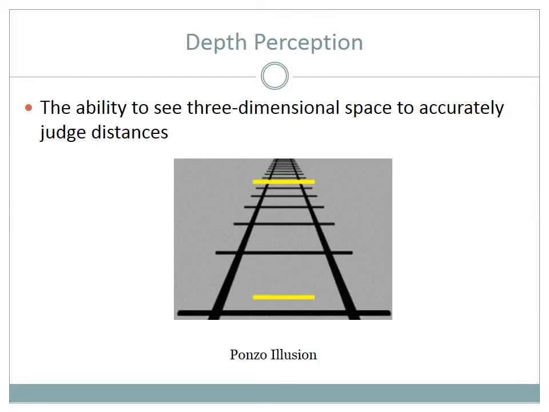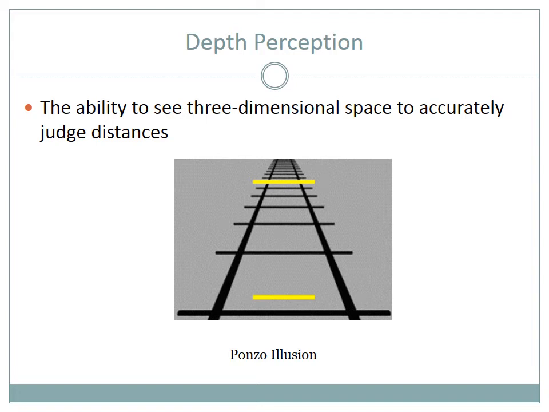All right, now depth perception, which is the ability to see three-dimensional space to accurately judge distances. So this is called the Ponzo illusion, where the yellow lines, as you could see when the red comes up here, are the same length.